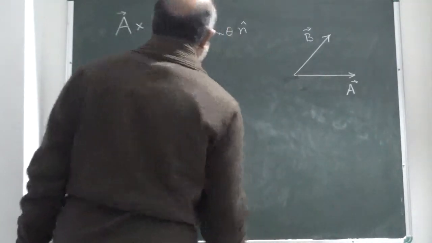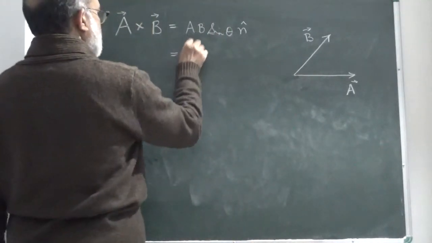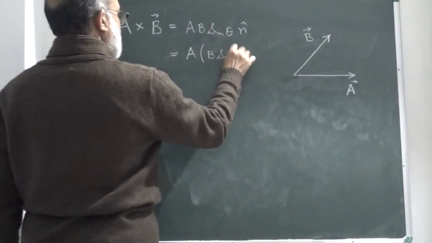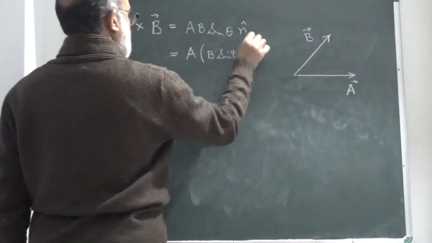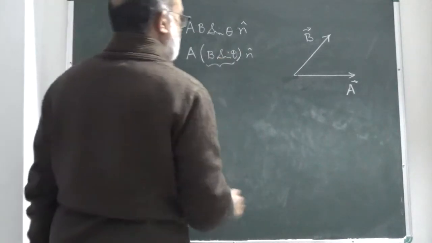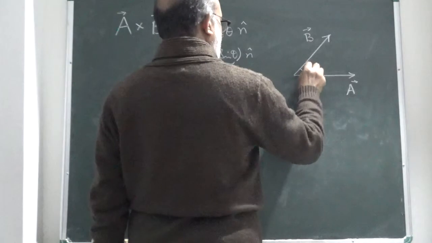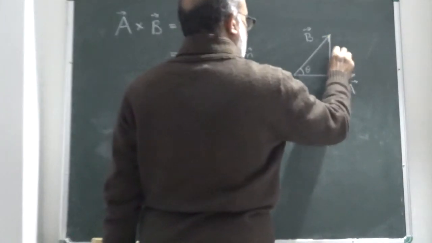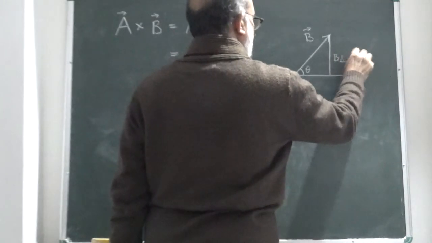So A cross B can be written as A times B sine theta, and if this is theta, this is B sine theta.